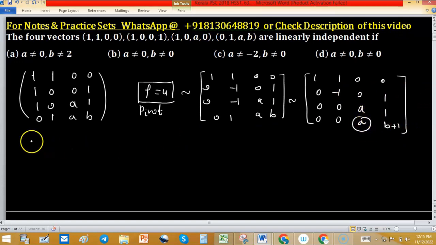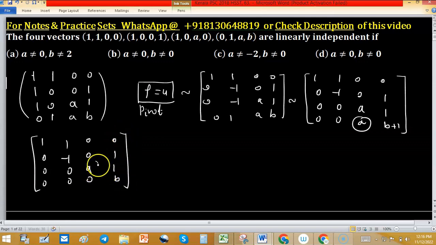If this entry is 0, then the third row will be 0 0 a 1 and the last row will be 0 0 a b.